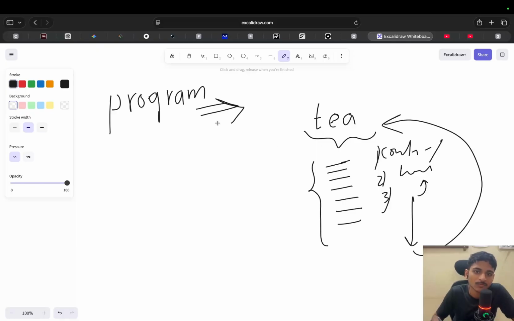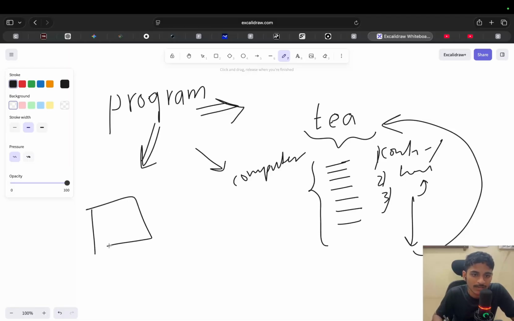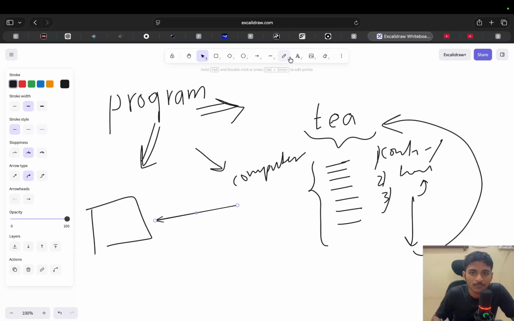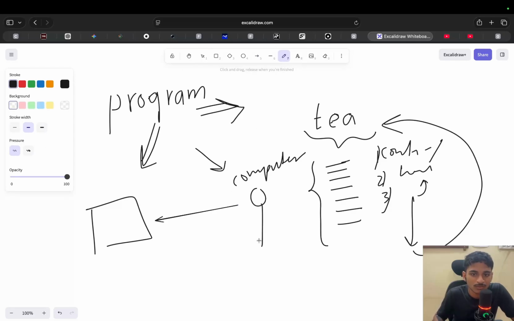In a similar way, when you need an output from your computer, you write programs to instruct it, to get what you want, to interact with your computer. We as humans provide programs to the computer to get our output, right?